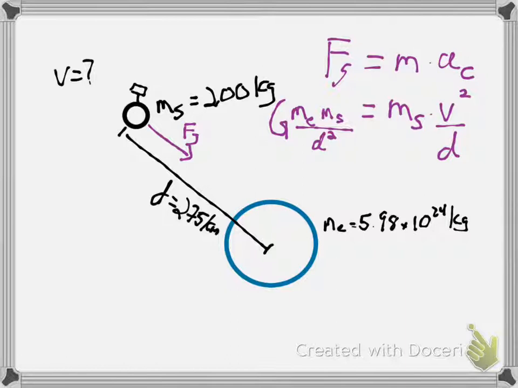And I could cancel some things off here if I wanted to. I could say, alright, the mass of the satellite is the same on both sides, and cross off the distance and then the square over there. And I can end up with, let's go ahead and move this.